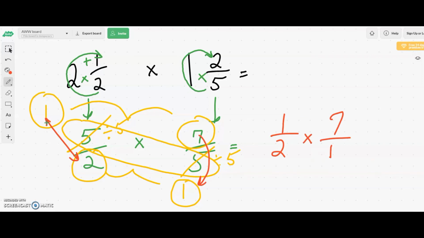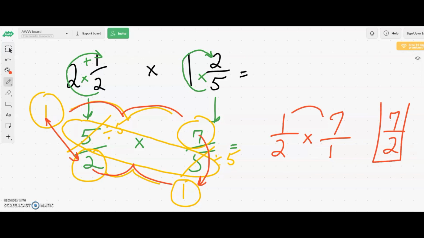These are your new numbers. 1 times 7 is 7. 2 times 1 is 2. Now, this, you should know, is improper. You cannot give me that as an answer. Unacceptable. I will not accept it. It will be marked wrong.